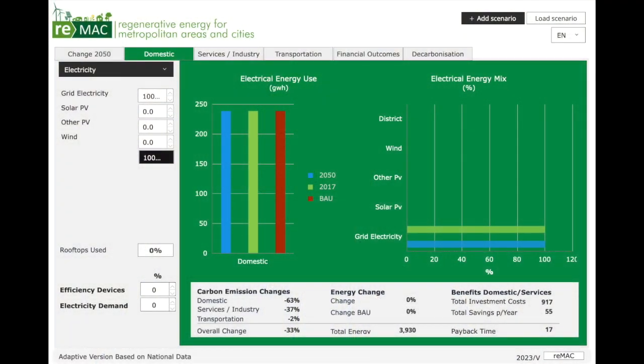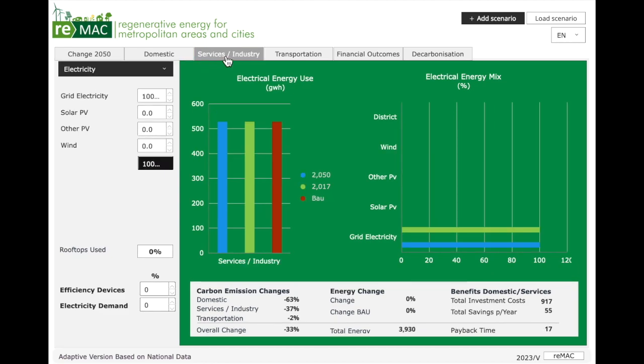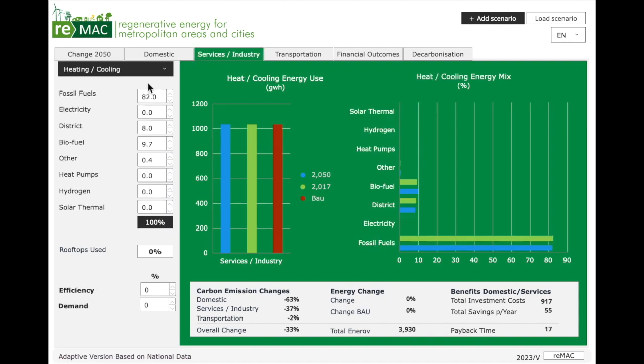I would now like to look at the transport sector with you as a second example. In the scenario workshop, the energy consumption sectors are discussed one after the other. In the case of private households and in the case of the services industry, the heating, cooling and the electricity sector are discussed and the corresponding discussion results are entered.